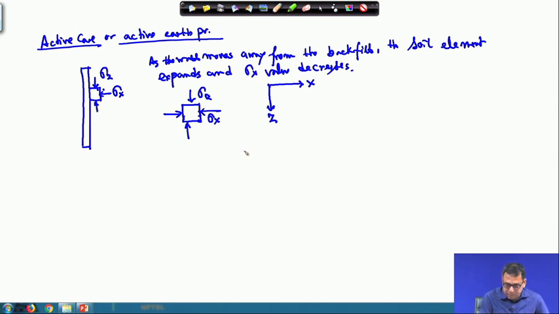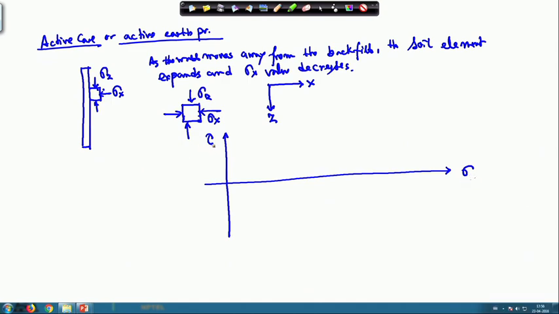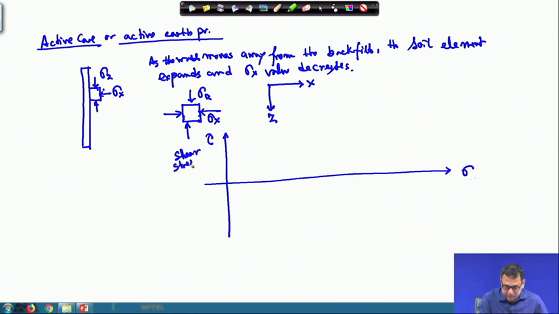Now if I draw a Mohr circle here, this axis is shear stress, tau, and this is the normal or vertical stress axis.